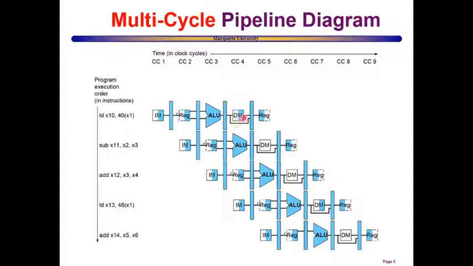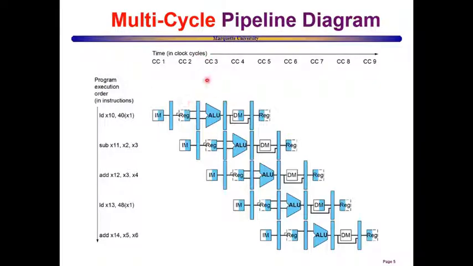In the fourth clock cycle, in this case, since it's a load, we read from the data memory, and in the write back stage we write into the destination register in clock cycle number 5. At the same time, this type of diagram is very helpful in showing at what stage of the pipeline a given instruction is at a given time or clock cycle.